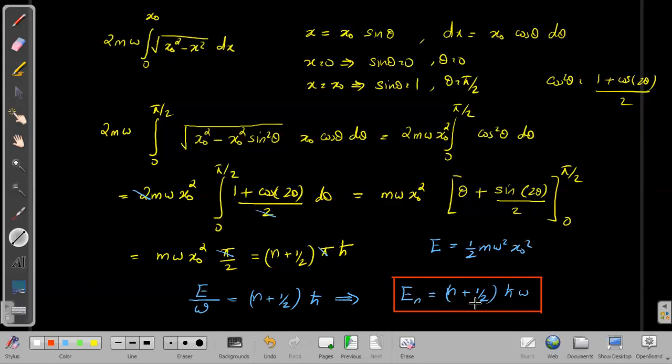And we got this energy, the energy of harmonic oscillator is n plus half h cross omega, and we have obtained the same energy but in another way. We have applied the quantization condition from the WKB approximation. So in certain cases this approximation will become very powerful to simplify our problems.